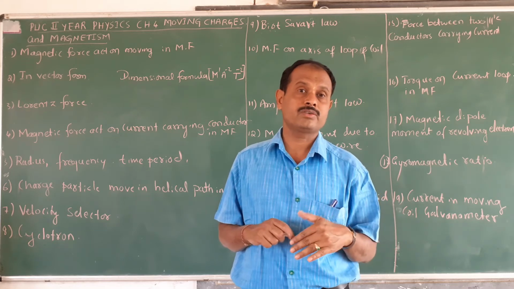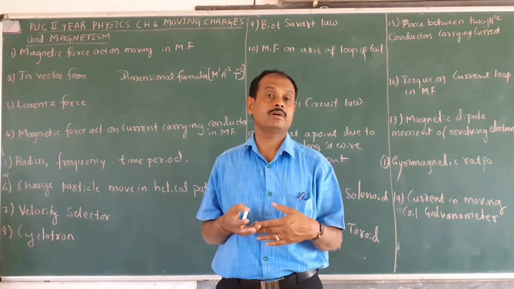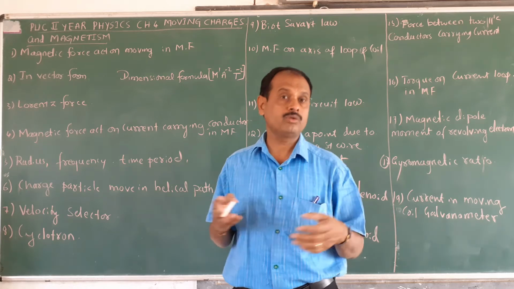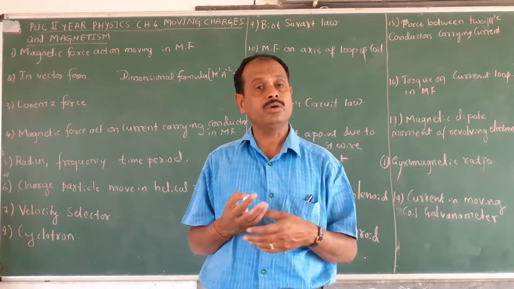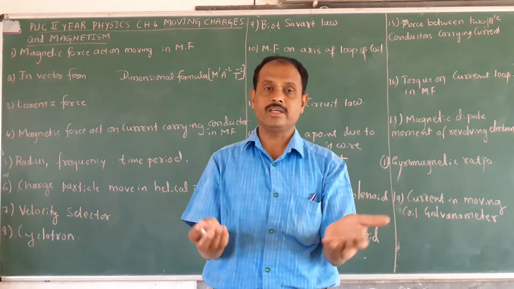This is one more difference. Third one is, in the case of electrostatics, according to Gauss law, total electric flux over the closed surface is equal to 1 by epsilon naught times the total charge enclosed by the surface.